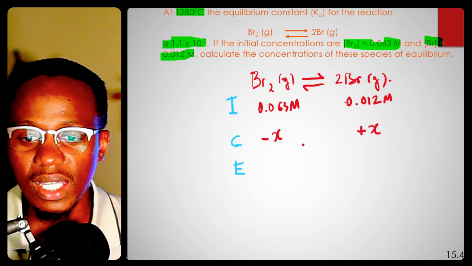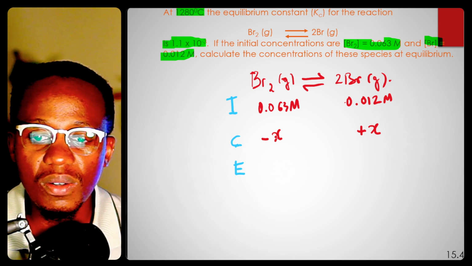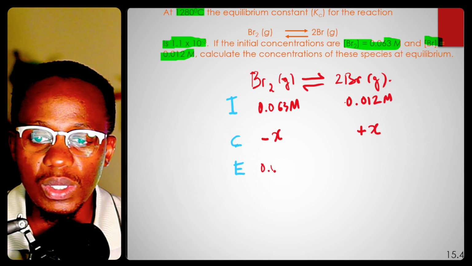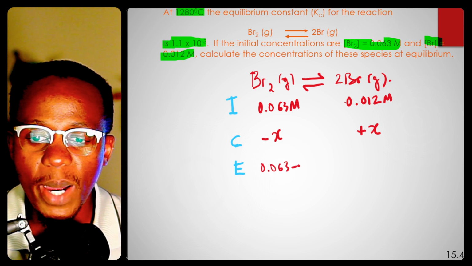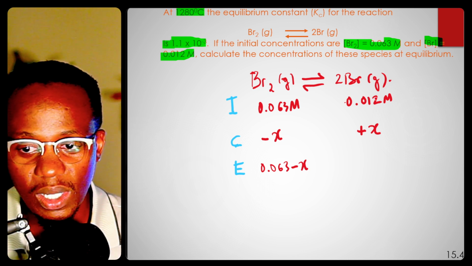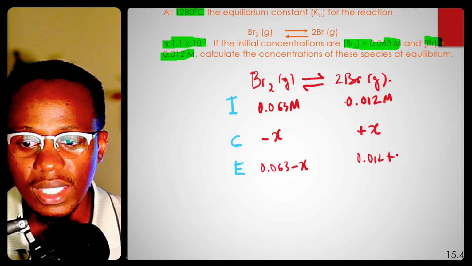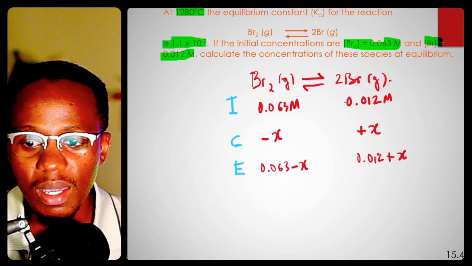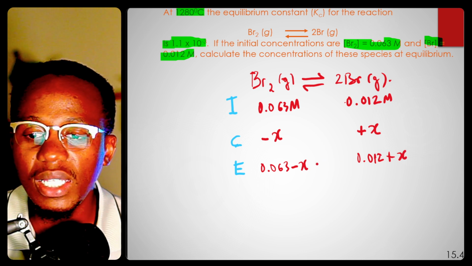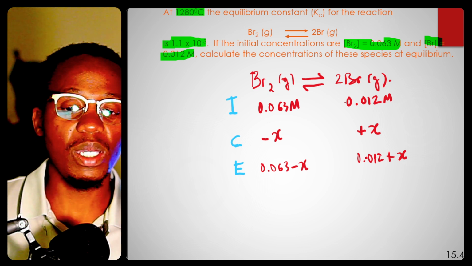So we are on the C. Then the equilibrium will be the initial, 0.063 minus x, and then here, 0.012 plus x. So at equilibrium, you will have these two entities in the solution.